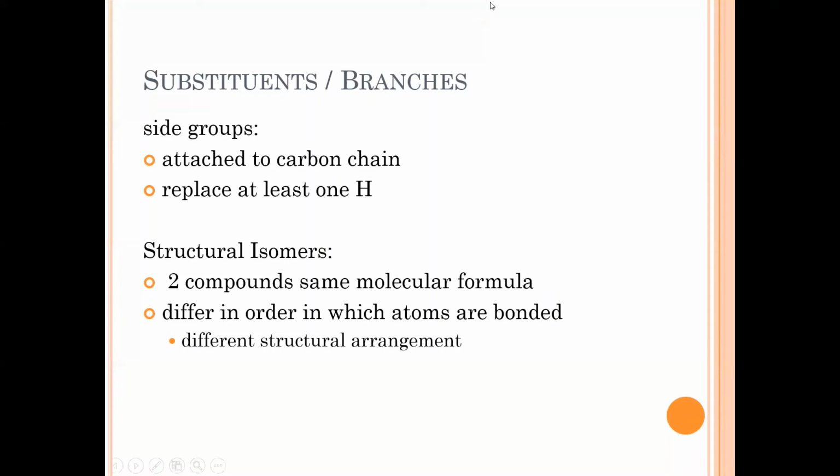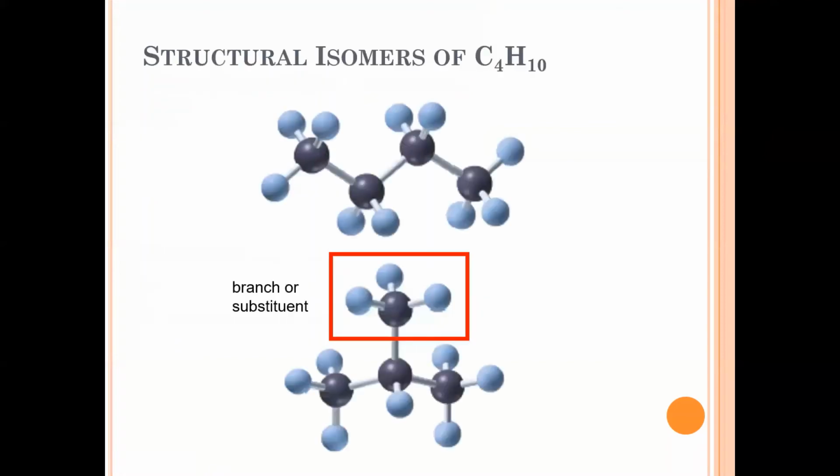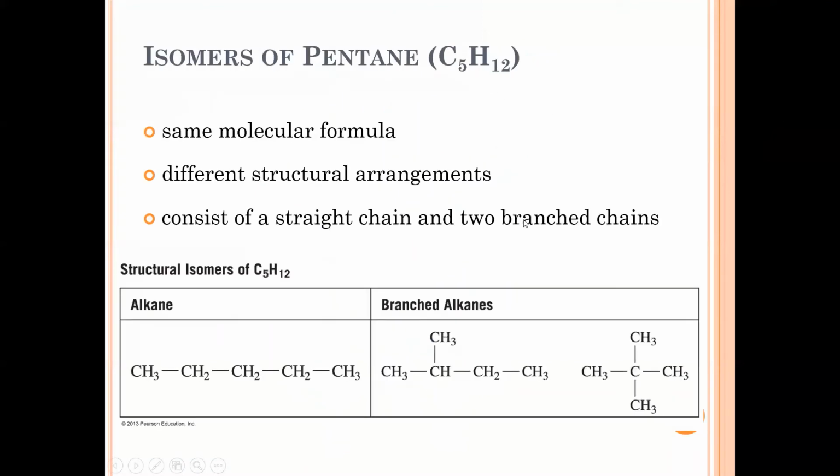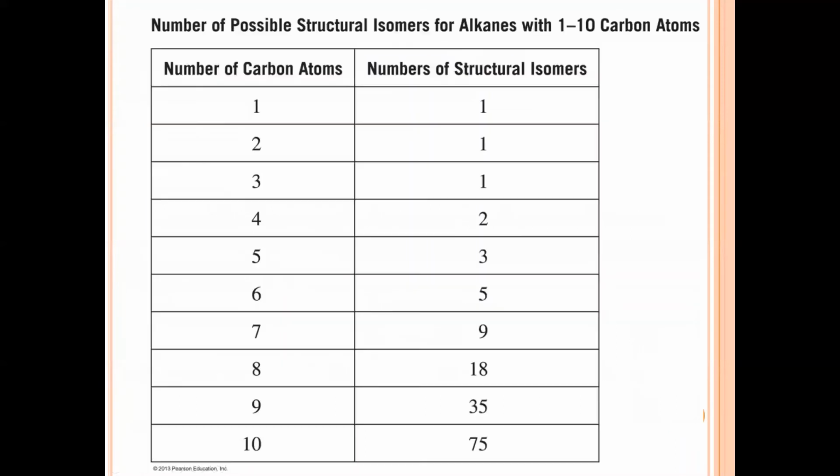I know that seems a lot right now, and we'll go through another one, so it won't be too bad. But just remember here, structural isomers are the same numbers of carbons and hydrogens, just arranged differently. The same molecular formula, different structural arrangements. And in this case, if we looked at pentane, I can have pentane by itself, or here I could have a 2-methylbutane or a 2,2-dimethylpropane if we're going off of names.